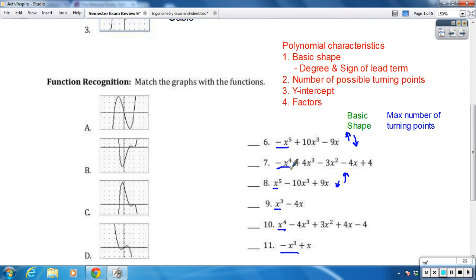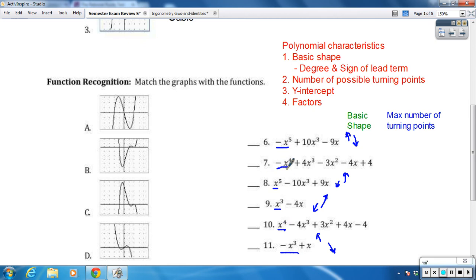Okay, so let's go ahead and take care of number 9, which is going to be a positive odd, so it's going to increase going from left to right. And number 11 is a negative odd function, so it's going to decrease going from left to right. Now notice I'm just drawing the arrows of what the ends of my graph are going to look like, not necessarily paying attention to what the middle of the graphs are going to be yet.